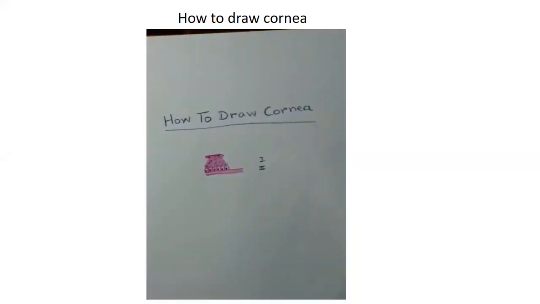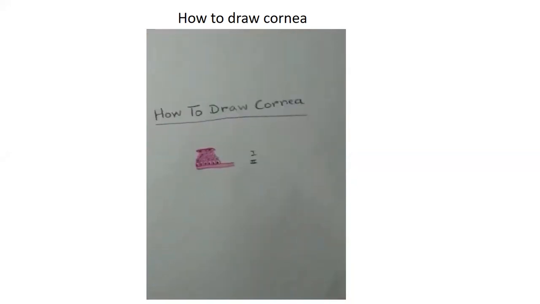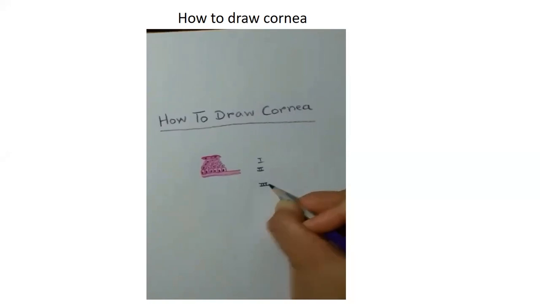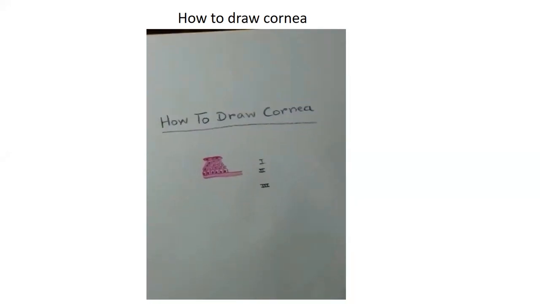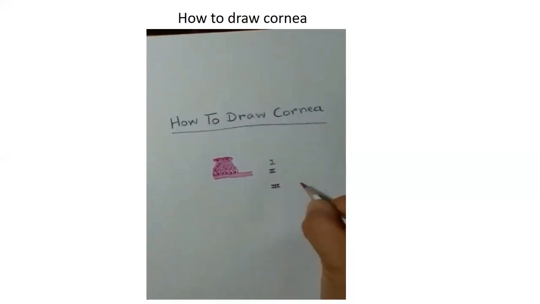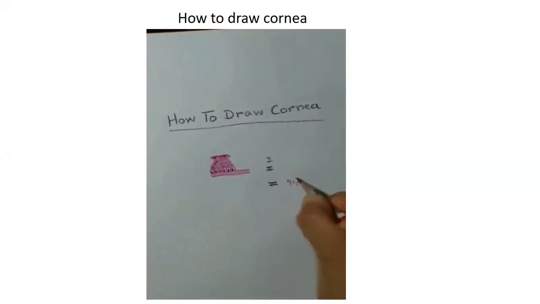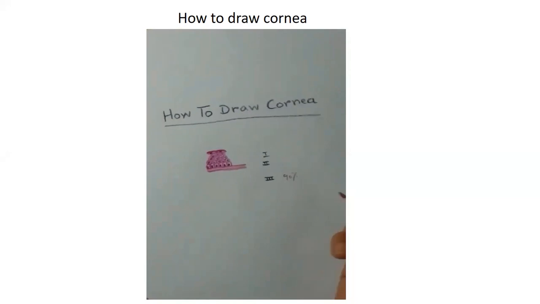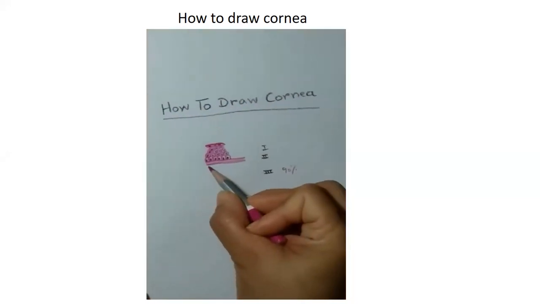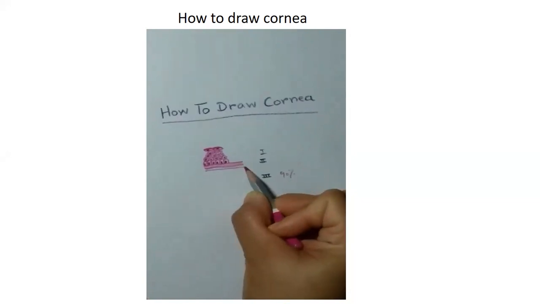It is acellular. Now the third layer is the most important, and that is it makes almost 90% of the cornea. That is the substantia propria. This substantia propria is made up of collagen fibers type 1.